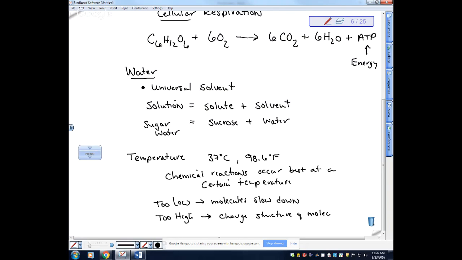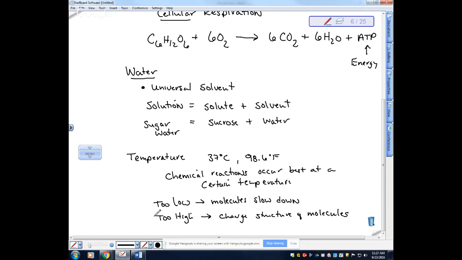So enzymes can be permanently affected by high temperatures, which is why when we preserve food or when we cook food, we use high temperatures, because it denatures or changes the structure of proteins and specifically enzymes, so that the food will stay preserved, right? Or we can also kill microorganisms when we heat it, but this changes the structure of the molecule so that the chemical reaction does not take place.